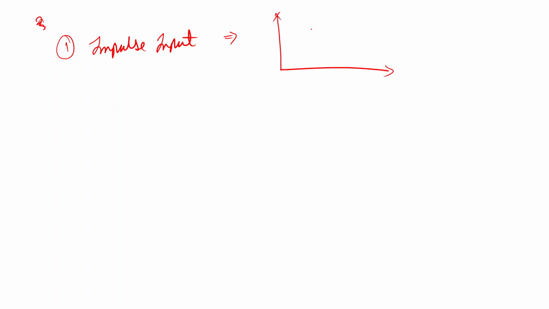So let's just revise the three main types of inputs that can be provided. The first one is impulse input, and in impulse input what we do is we increase the temperature, keep it for some time, and again decrease the temperature. So we are providing an impulse in the input.